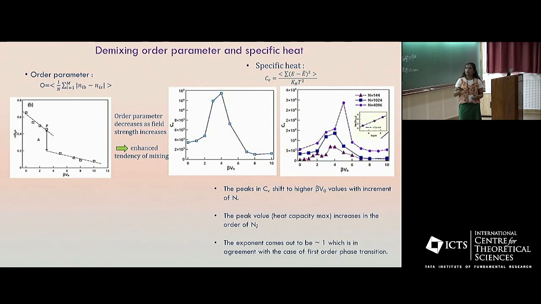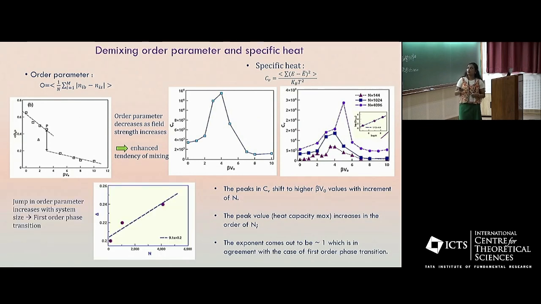We observe that similar phenomena occur, and the peak in the specific heat gets more and more shifted. Also, the heat capacity varies almost linearly with the system size. The jump in the order parameter increases with the system size. This is definitive of the fact that the transition from the demixed to the modulated mixed state is accompanied by a first order phase transition.